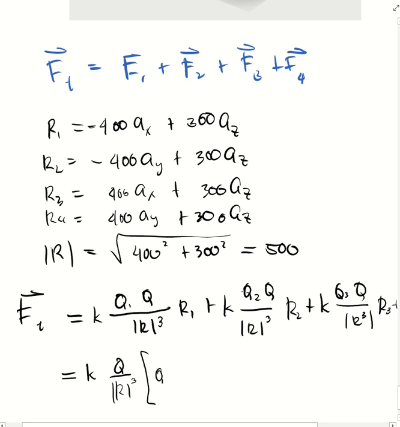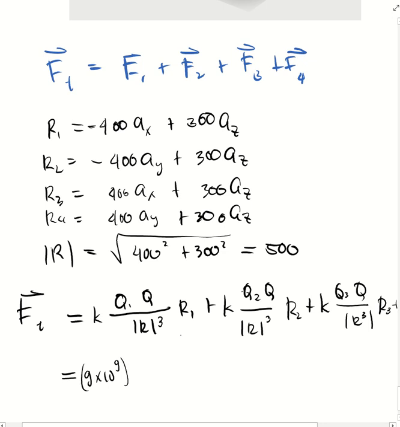Then we have Q1 times R1 plus Q2 and so on. And also we can factor out Q1, Q2, Q3, and Q4 because they are all equal to 60,000. I can just put the values. What should be the value for K? 9 times 10 to the 9, or you can use 1 over 4 pi epsilon naught. You can also do that.